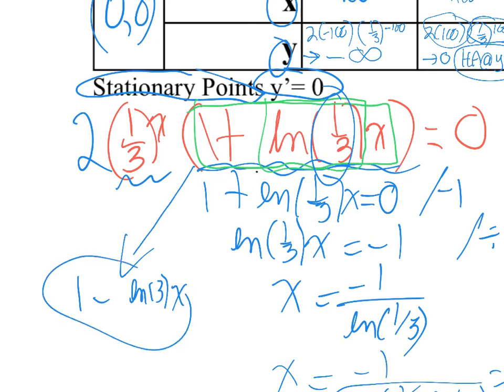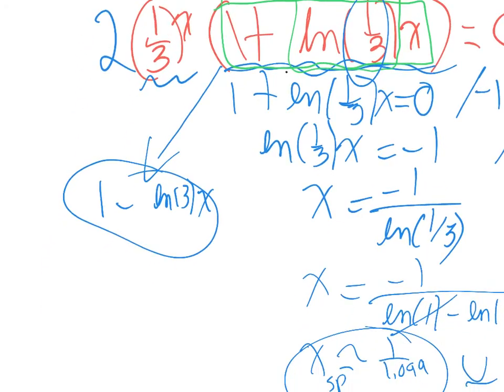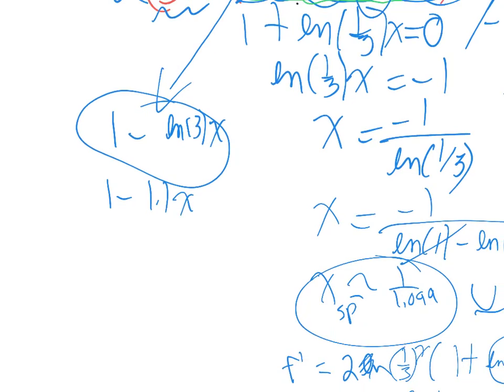So it's just going to become that. And then in time, you will know that ln 3 is about 1.1. So it's going to be something like 1 minus 1.1x, right? And then that's very easy to know that it's a y-intercept of 1 and it's sloping down.